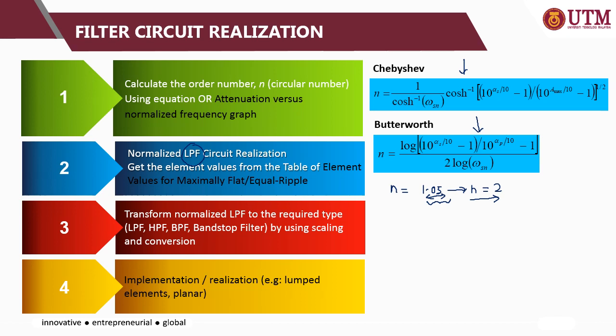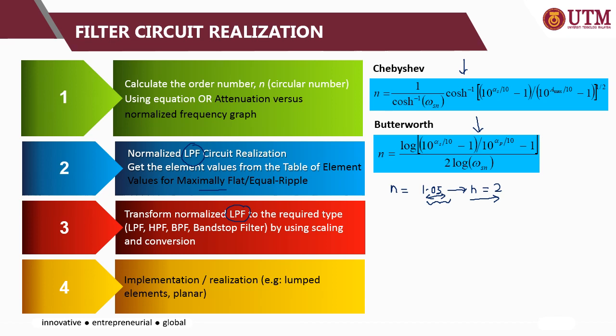It is in normalized values, in which you need to refer to a table showing how many elements or components you need in order to get the normalized circuit for a low pass filter design, depending on whether it is equiripple, Chebyshev, or maximally flat, Butterworth. After you get the normalized circuit, you need to transform the normalized low pass filter circuit from step 2 into the required type of filter.